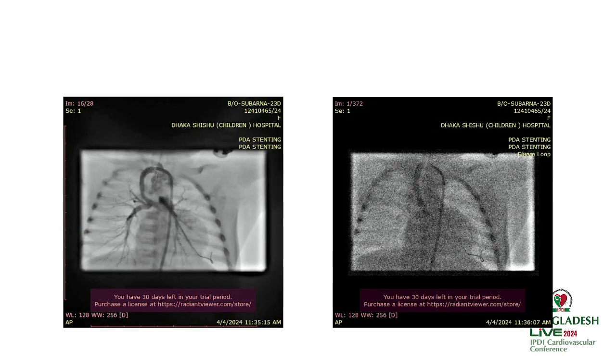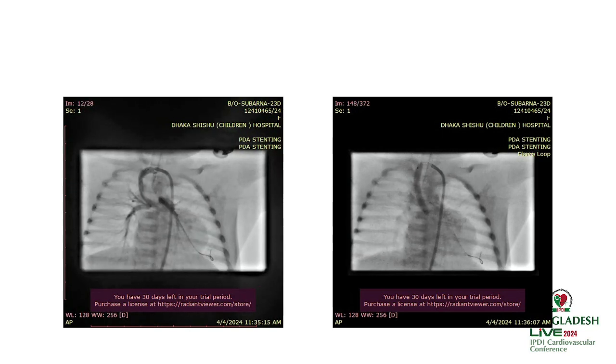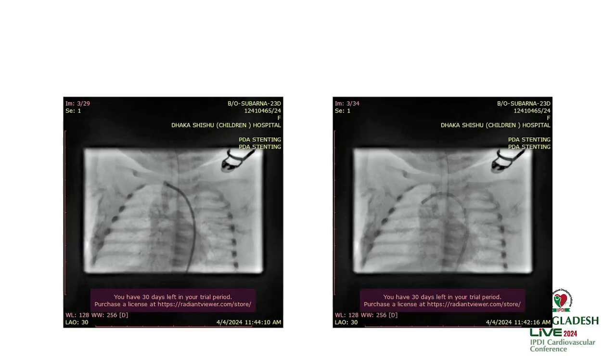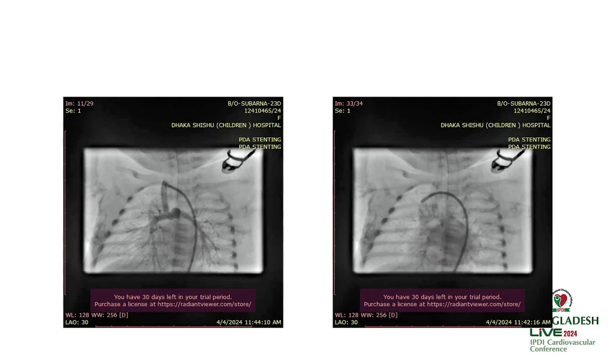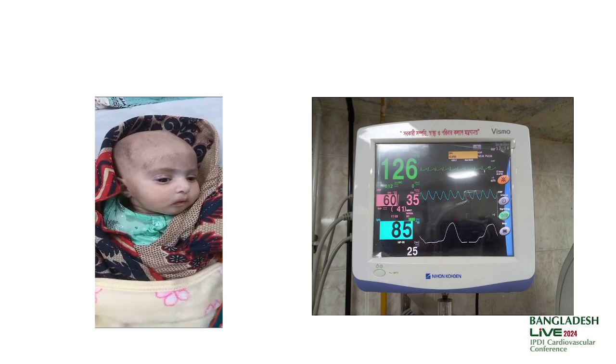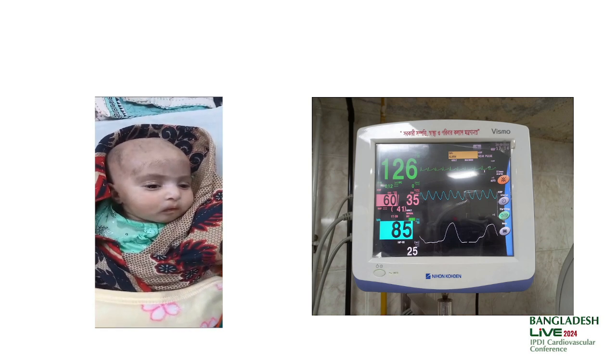This is an indirect PDA, long in size, and a stent about 24 millimeters long was placed. After ductal stenting, good arborization and arch delineation was seen. We discharged the child in stable condition with 85% saturation in room air.